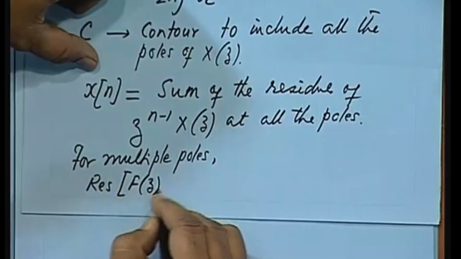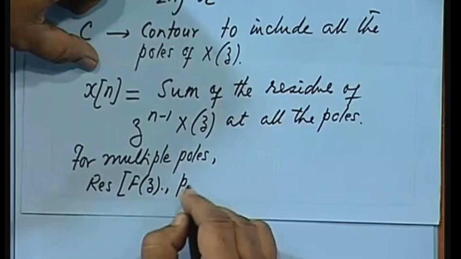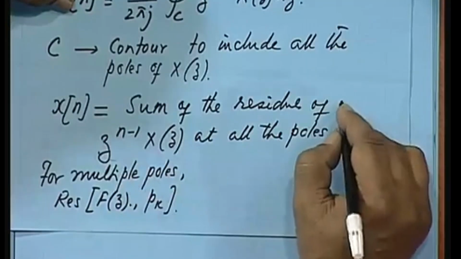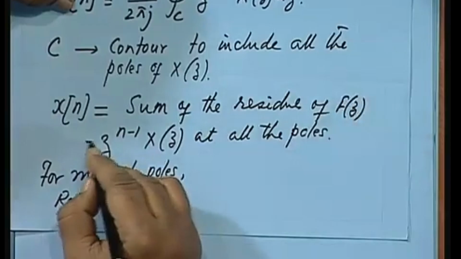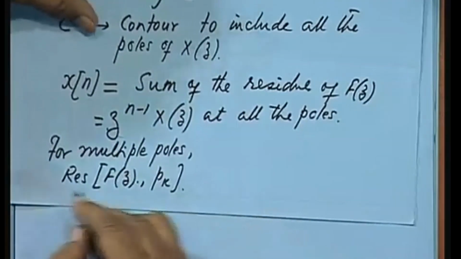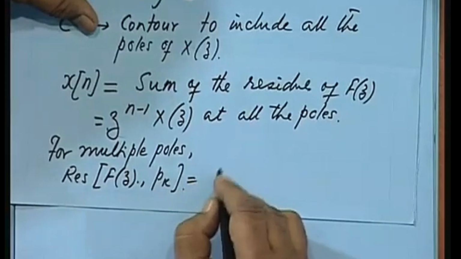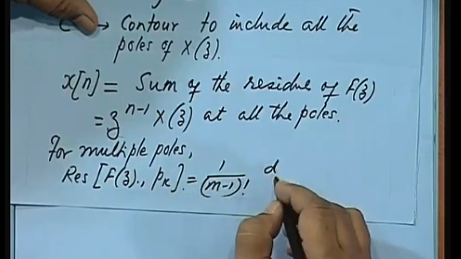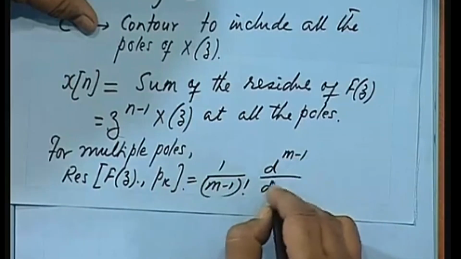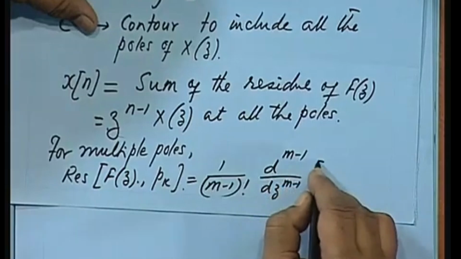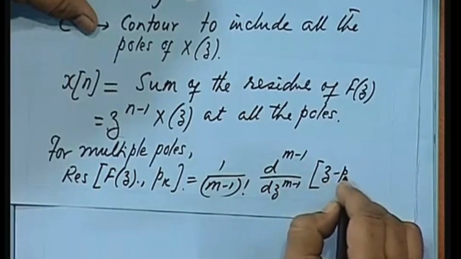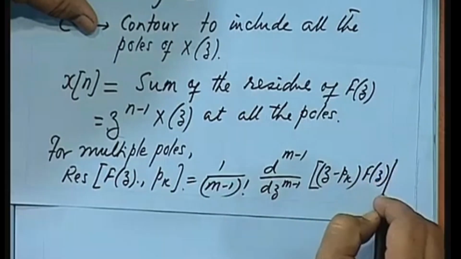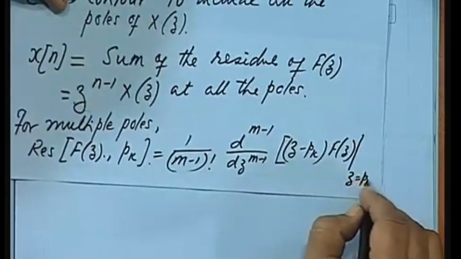Residue of f(z) at p_k, where f(z) is this product, f(z) equal to z to the power n minus 1 into X(z). So, the residue of f(z) will be 1 by (m minus 1) factorial, d^(m minus 1) by dz^(m minus 1) of (z minus p_k)^m into f(z), evaluated at z equal to p_k.